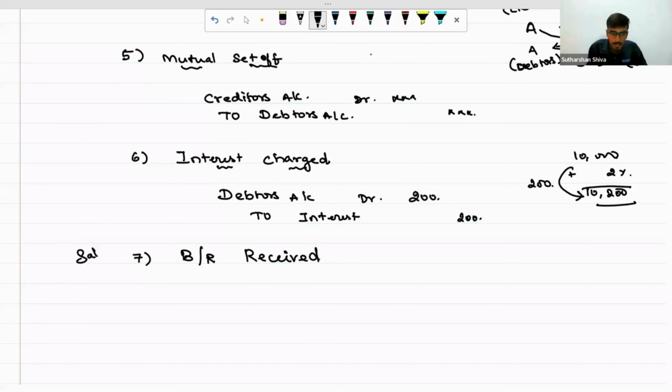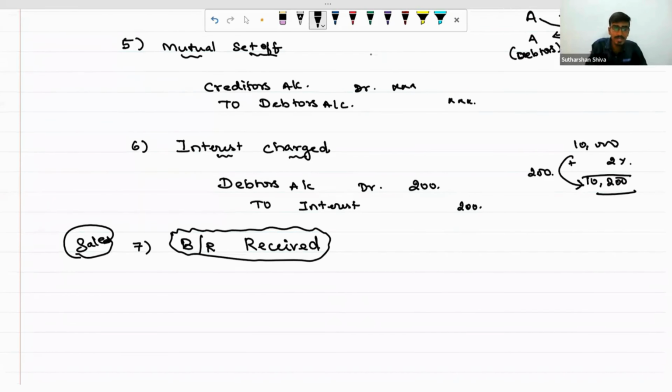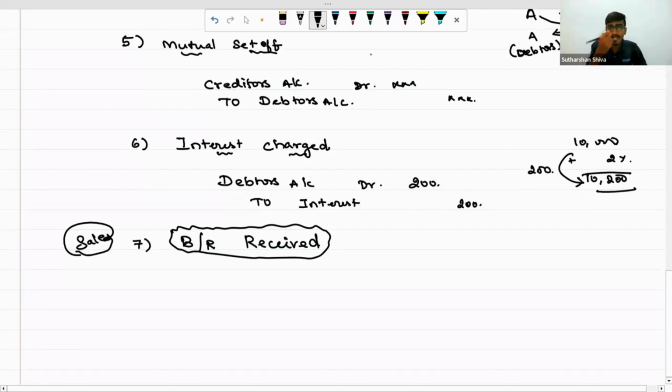Whenever sales happen, you come across bills receivable. Whenever purchases happen, you will come across bills payable. Bills receivable received means the debtor is committed to pay, is ready to pay, but after 2 months, or after 90 days, or after 60 days, as per the agreement.